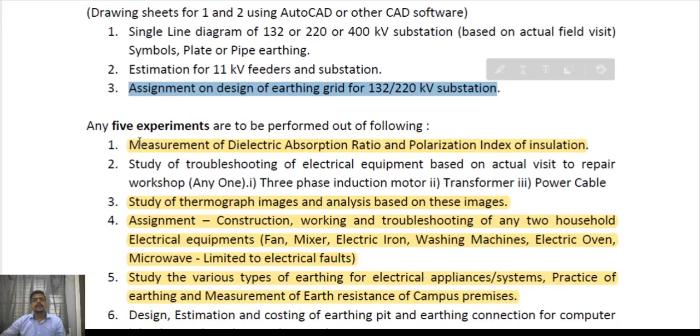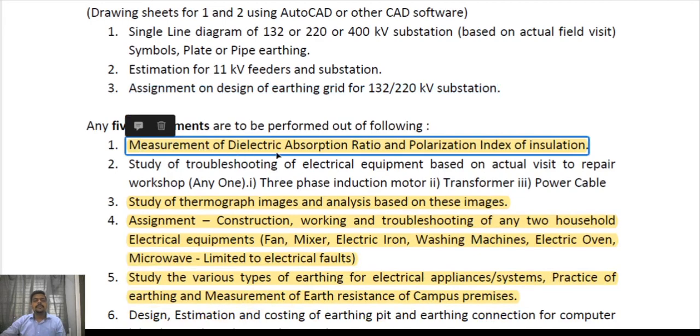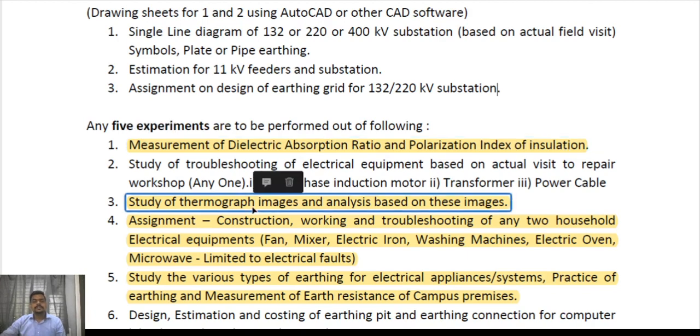And then 5 experiments are to be performed out of the following. First is the measurement of dielectric absorption ratio and polarization index of insulation, the study of thermographic images, and analysis based on these images.